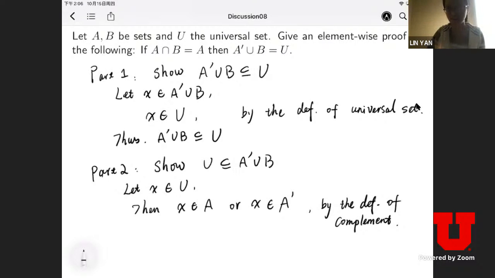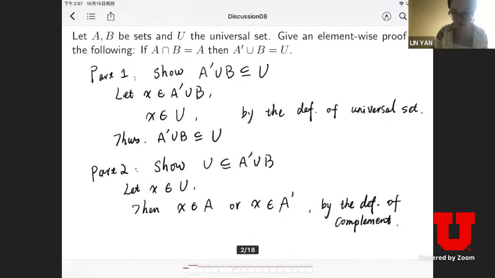Sure. Yes, this is what I'm doing now. So we can choose an element from A or A complement, and then show in each case that it belongs to A complement union B. So we can divide it into two cases.